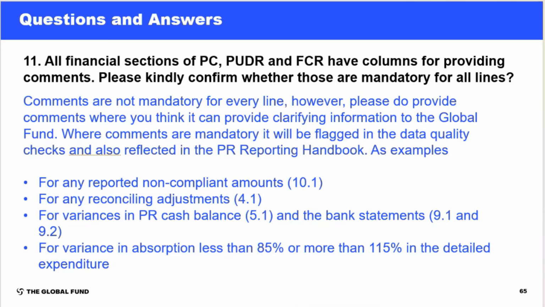Similarly for PR cash balance and bank statement or bank reconciliation balances in 9.1, 9.2. As well as in the expenditure sheet, if you have a variance that deviates 15%, plus or minus 15%, from the budget.